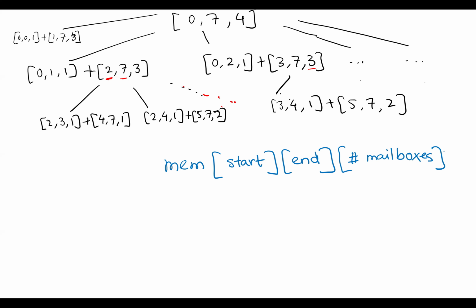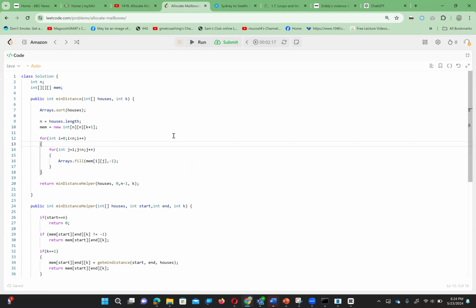Okay, so this is the dimension of the cache or the memory array. Okay, so taking a look at the code, you see we have 2 integers.